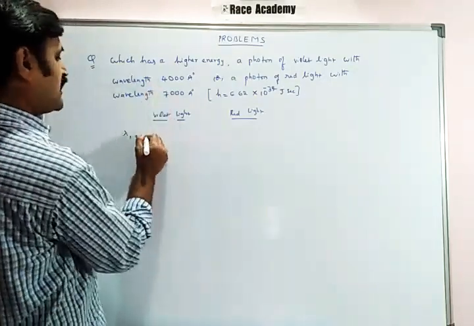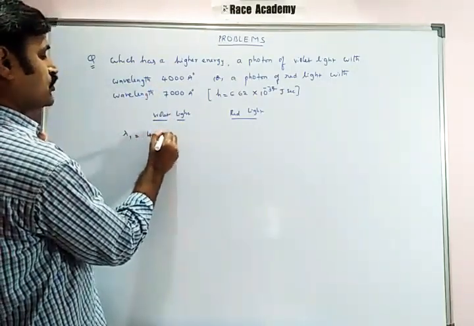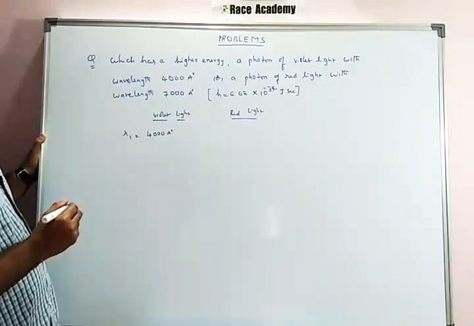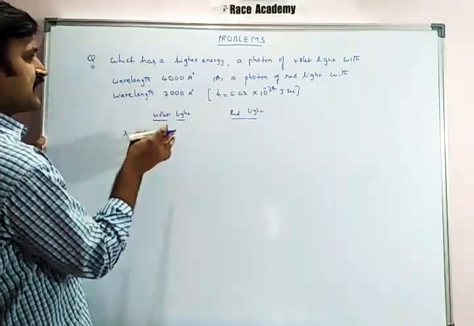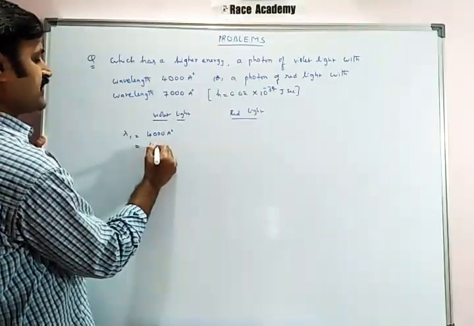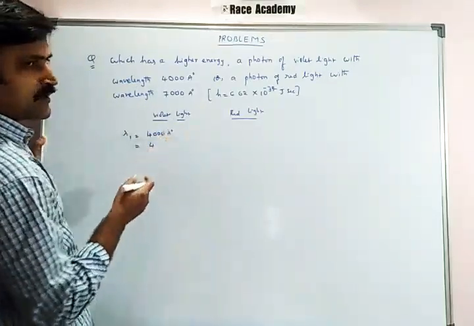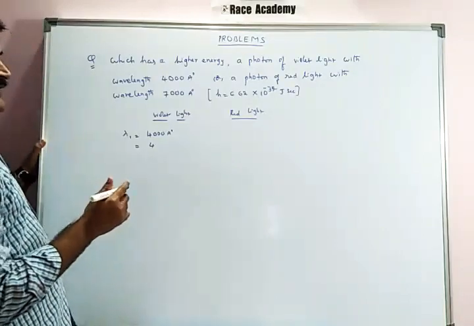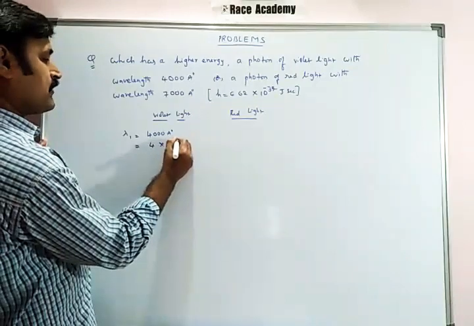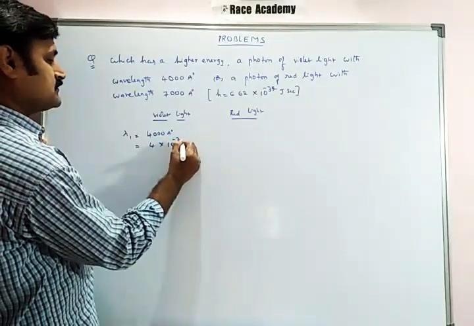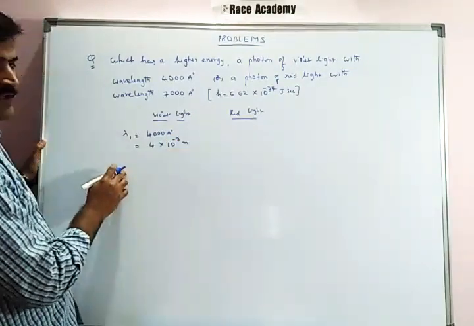So lambda 1 for violet light is given as 4000 angstrom units. Like we discussed earlier, we can do the same energy calculation: 4000 angstroms means 4 into 10 to the power of minus 7 meters. This is the lambda 1 value.